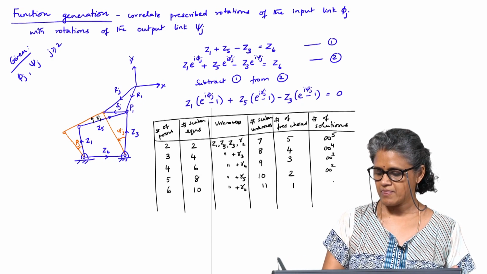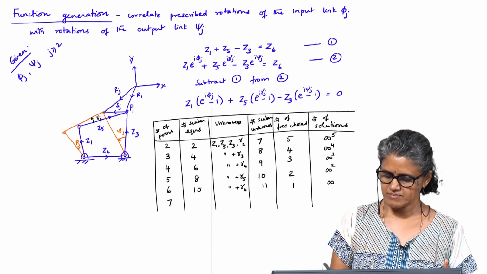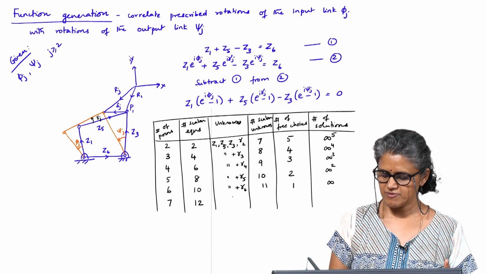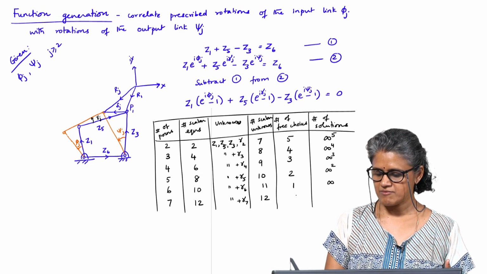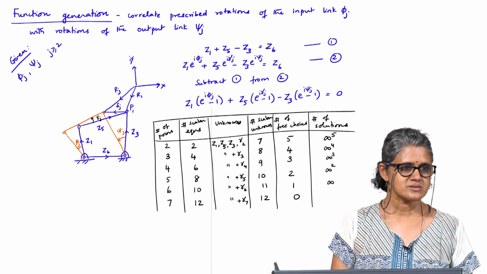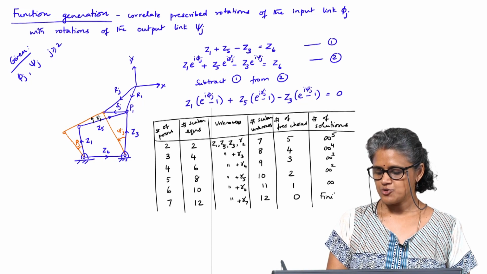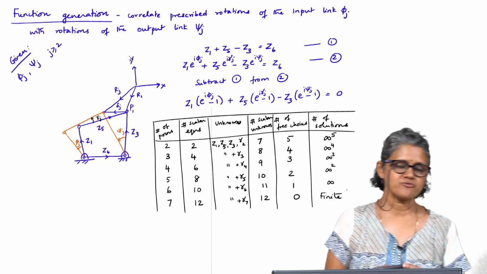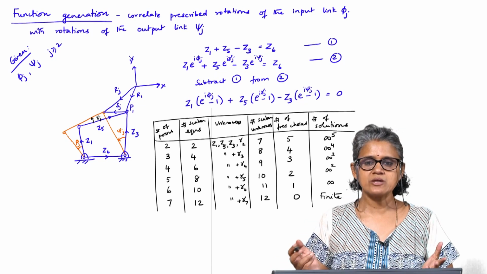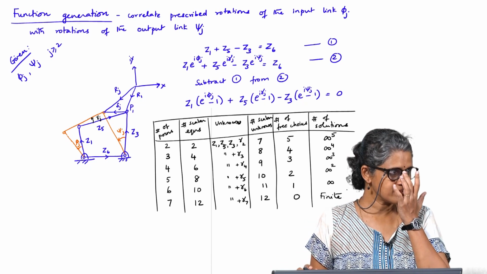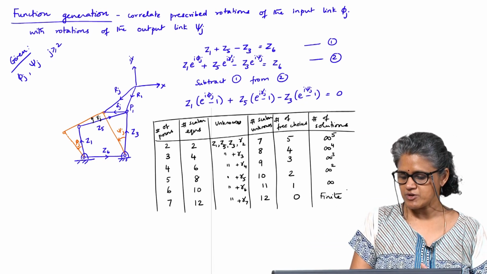And with 7 you have 12 equations, all these plus gamma 7, and you end up with 0 free choices, and you may get a maximum of a finite number of solutions. There may be no solution, that is always possible, but at most you could get a finite number of solutions.